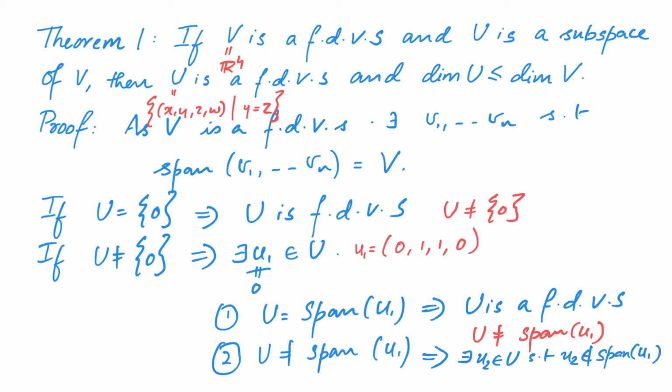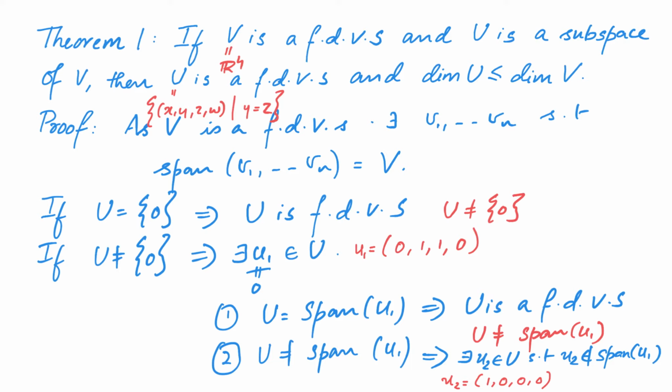For instance, in our example, the vector (1, 0, 0, 0) does not belong to span of u1. So let u2 be equal to (1, 0, 0, 0).